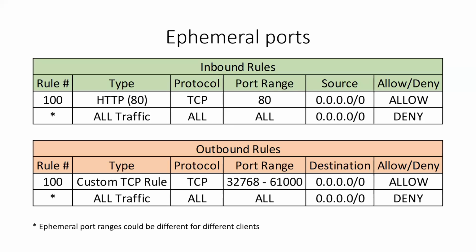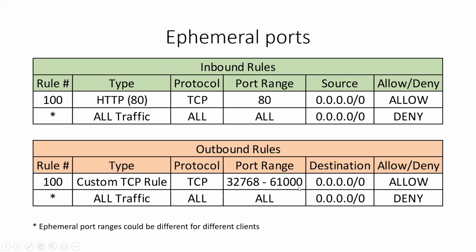So for this to work, your outbound rule looks like this: rule number, custom TCP rule. I gave this 32,768 to 61,000. This is a port range. This is a common port range, mainly for Linux devices. This works for both Linux and new Windows machines.